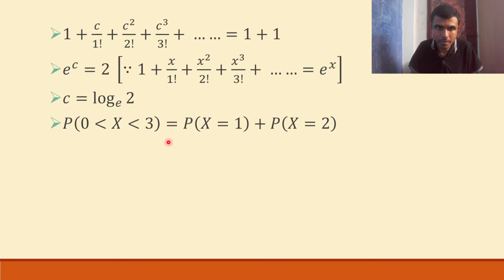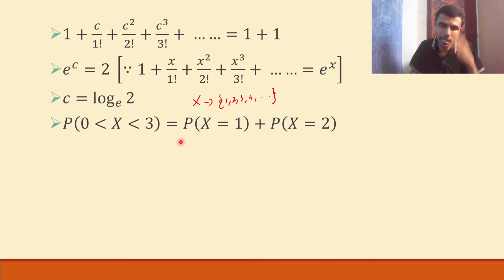Next, what did they ask us? They asked us to find the probability of 0 < X < 3. Capital X in general can take the values 1, 2, 3, 4, and so on. Capital X has to be greater than 0 and less than 3. In the set, what are the values which are greater than 0 and less than 3?